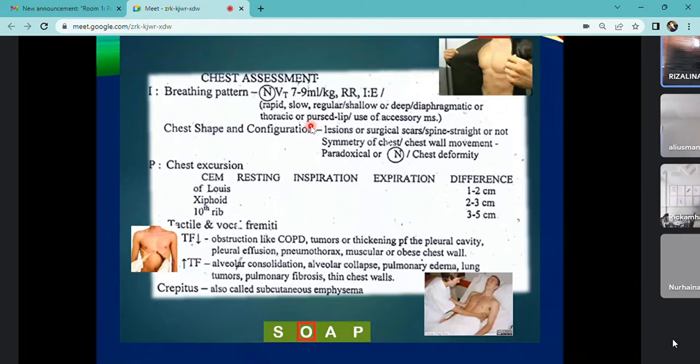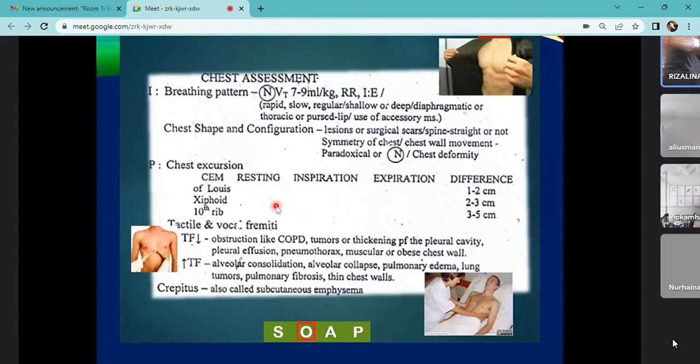Okay? Under palpation, we also palpate for the chest excursion. CEM is for chest expansion measurement. So we check the measurement of the chest at the angle of Lewis area.